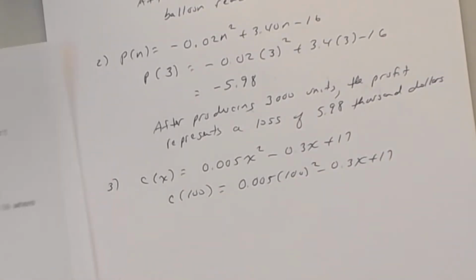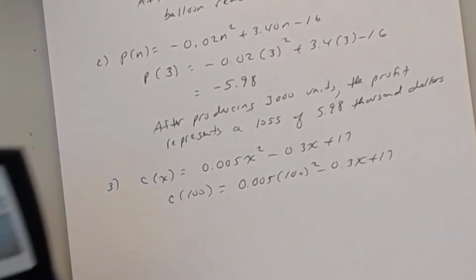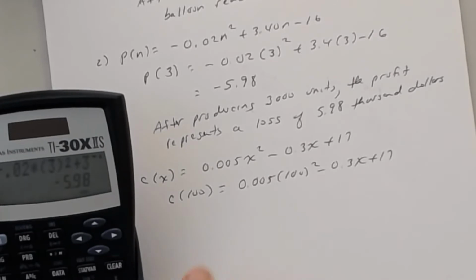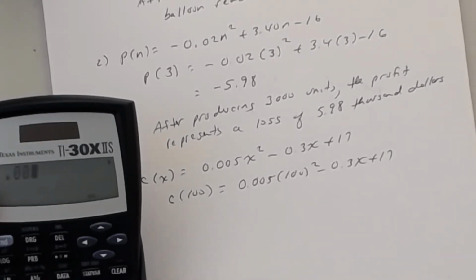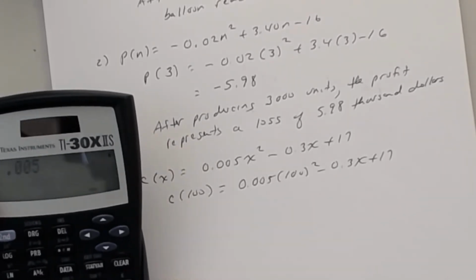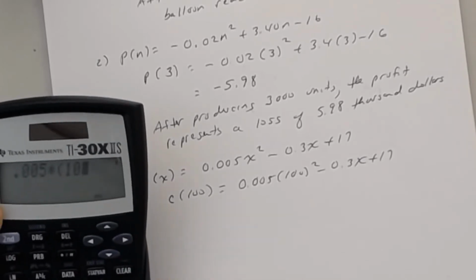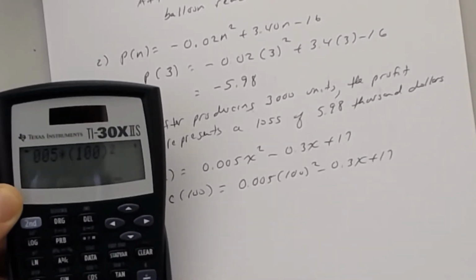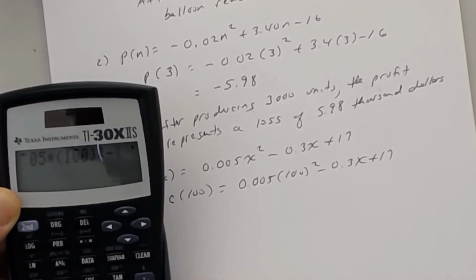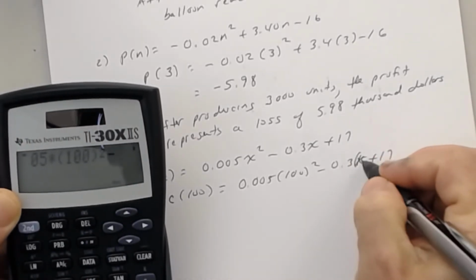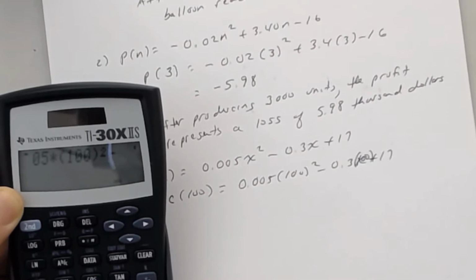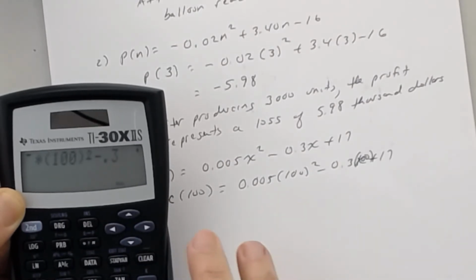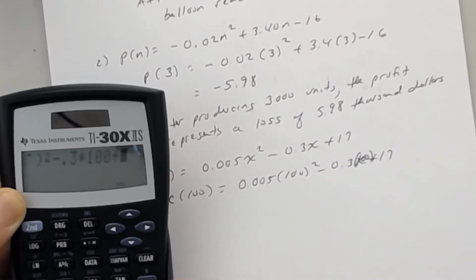And then just use your calculator. So you get 0.005 times 100 squared minus 0.3 times 100 plus 17.